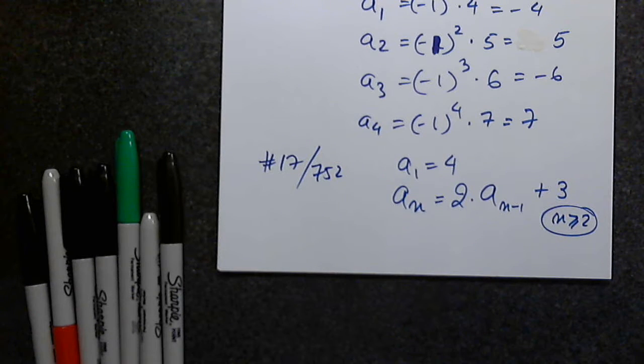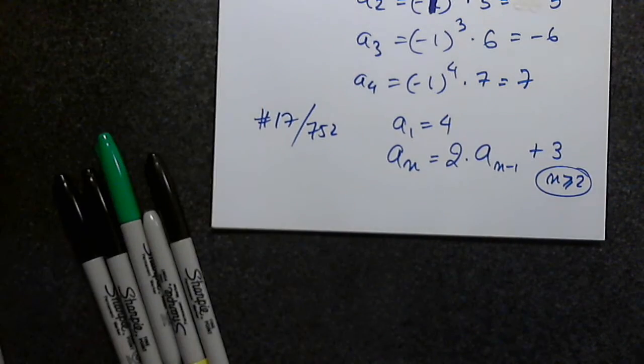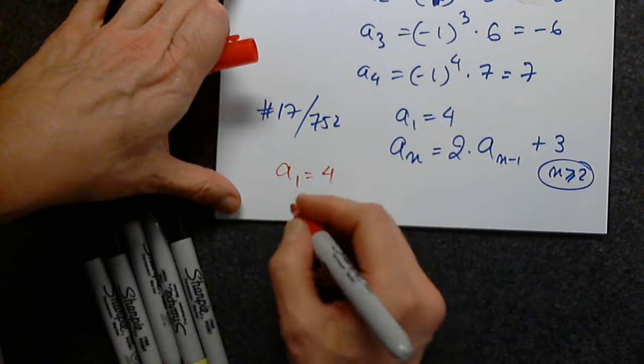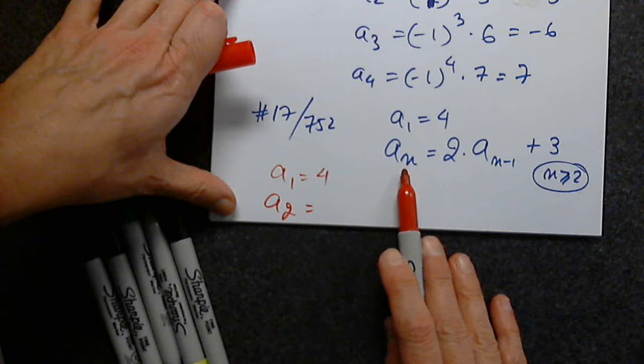Yes, Joseph? Say it again. A2 is going to be 11. A1 is still the first. Yeah, A1 is 4, it is given. Yep. So this is A1 equals 4. Now A2 means I have to replace n by 2 everywhere.